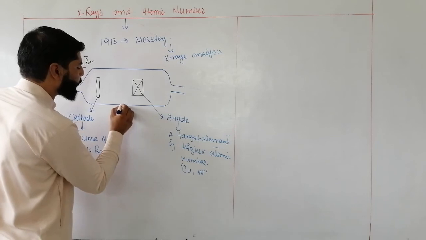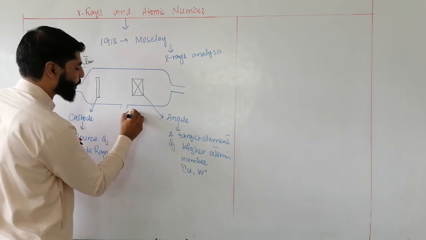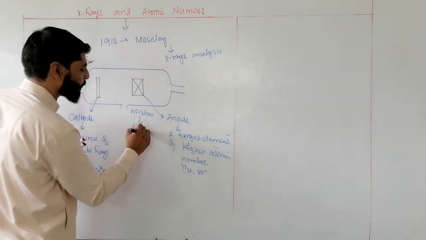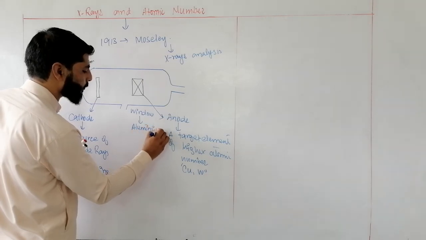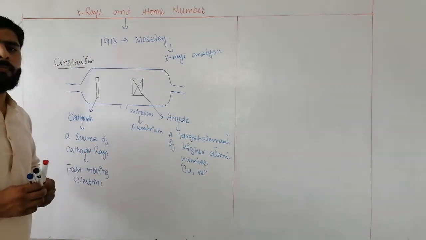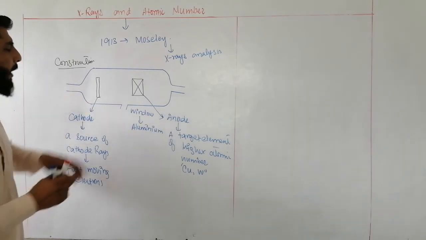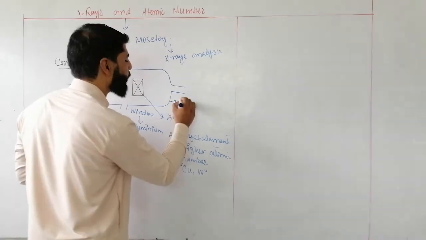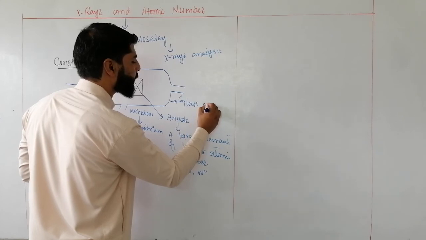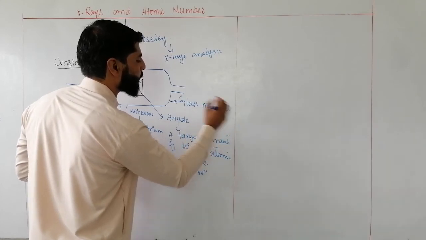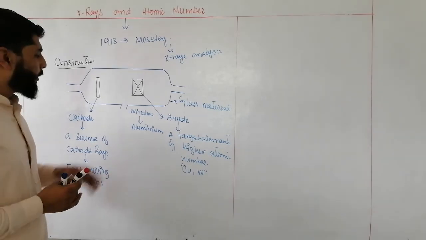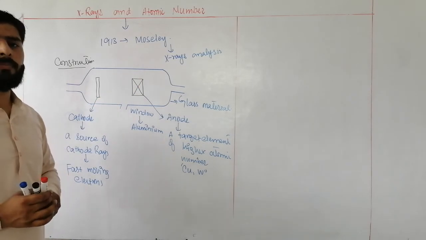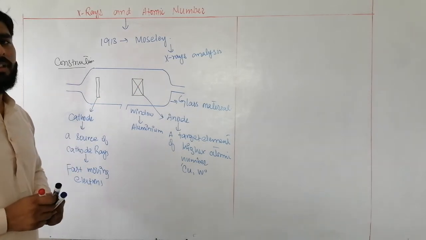Then he also used a window made up of aluminium. It is a discharge tube, made mostly of glass. This is the construction of the X-ray tube. Now we will discuss the working of this tube.